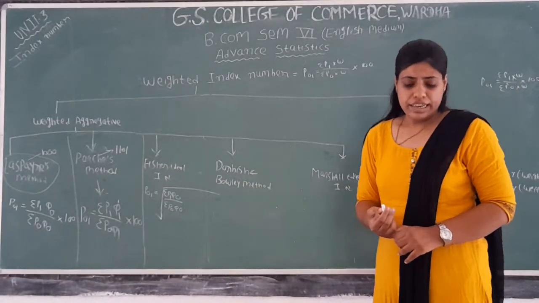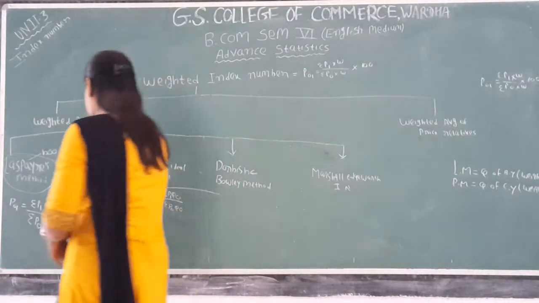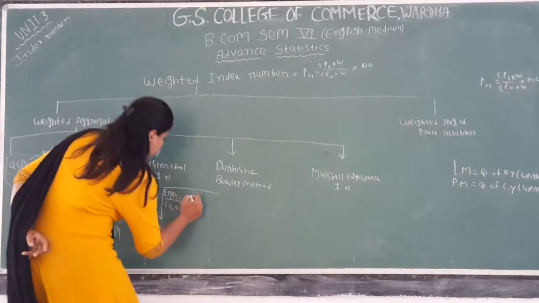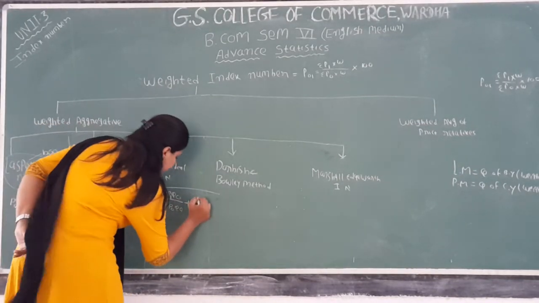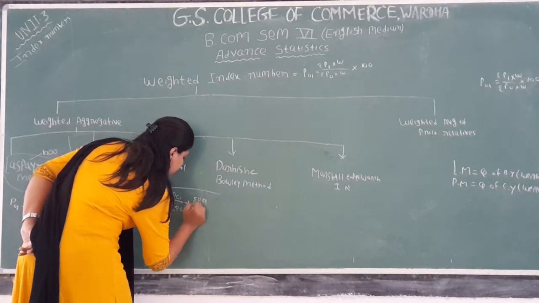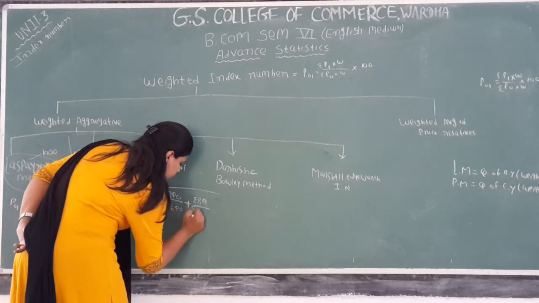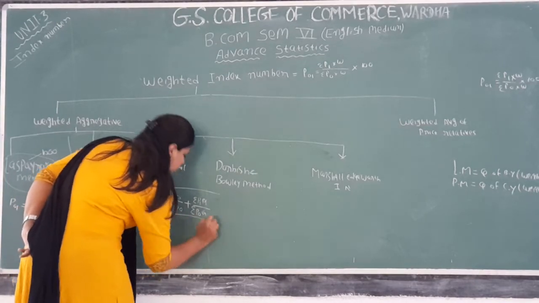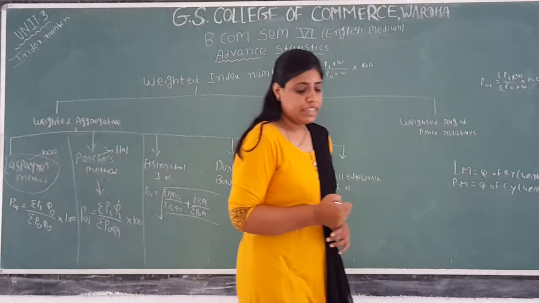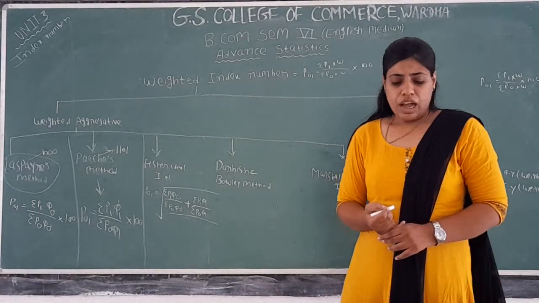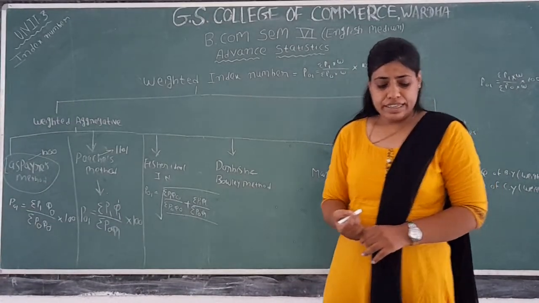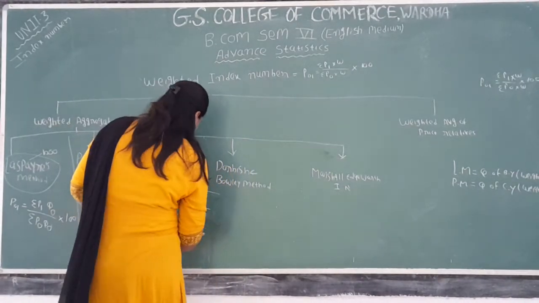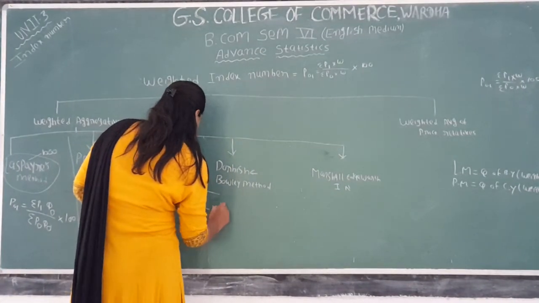After that, we will take the Paasche's formula. Summation P1 Q1 divided by summation P0 Q1, and that is multiplied, not divided by 2, and after that we have to do into 100.